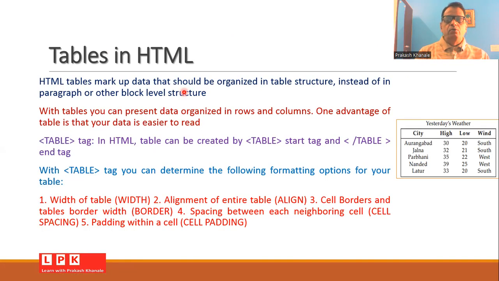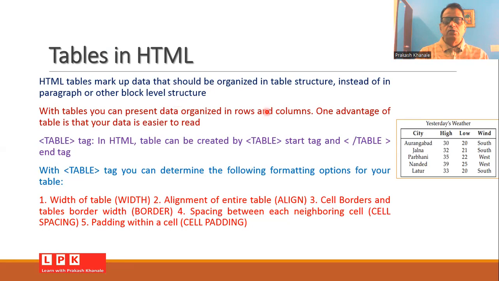Whenever we want to arrange the data in the table format, instead of a paragraph or a block level structure, we can make use of the table tags in the HTML web page. Suppose you have been given marks of the students, and now you want to display the result along with the name and marks scored by the student. Then it is always better to display such data in the table form.